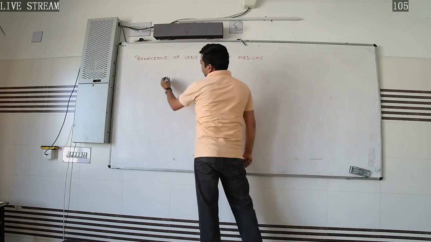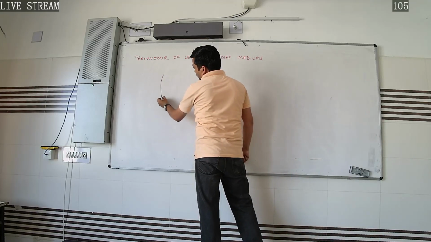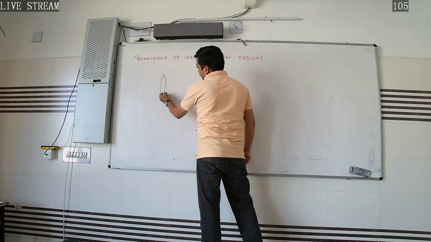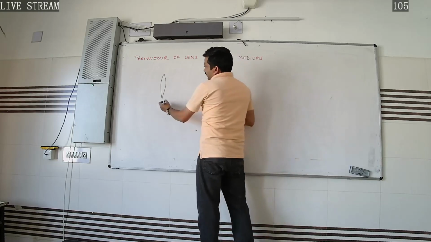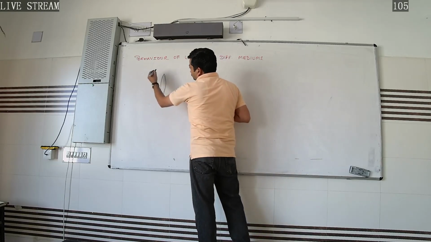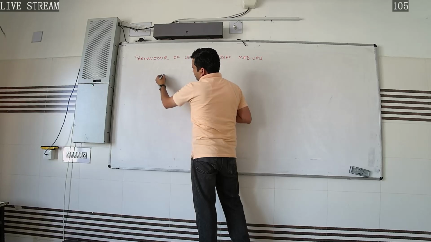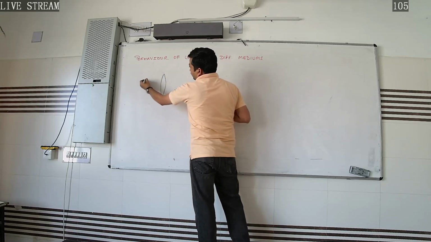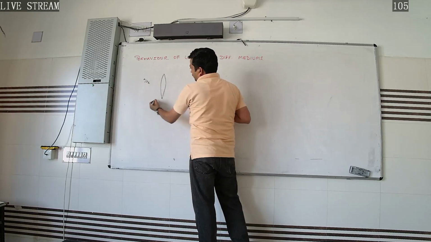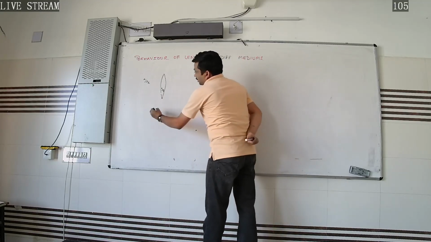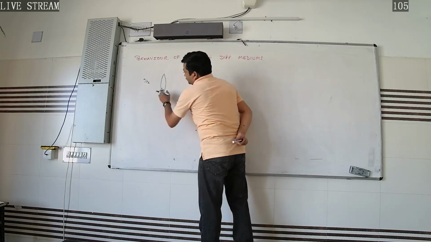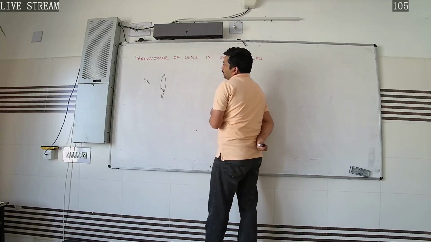I am considering here the first case. Here I am taking the convex lens, and the case is that this convex lens is immersed in the liquid having the refractive index aμl, and this is the aμg, and the condition is given to us. What would happen if aμl is equal to aμg? Under that condition, what would happen?